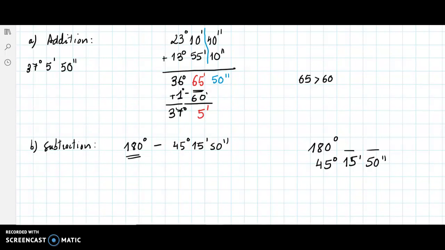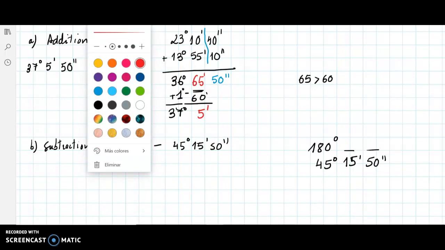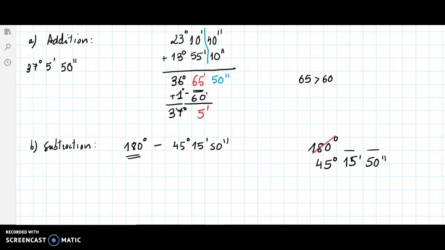So what I have to do is subtract 1 degree here. So now I don't have 180, I will have 179. And this way, I'm going to have 60 minutes here. Do you understand? If we subtract 1 degree, this 1 degree is 60 minutes.